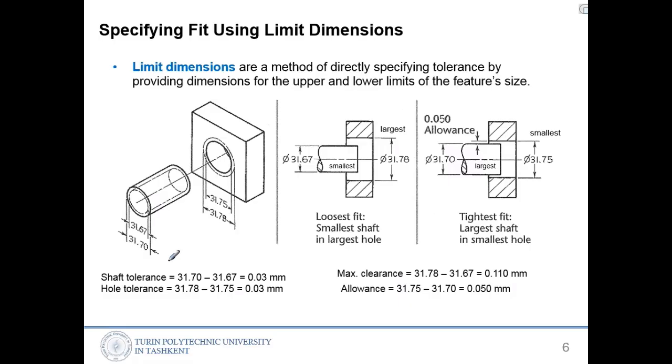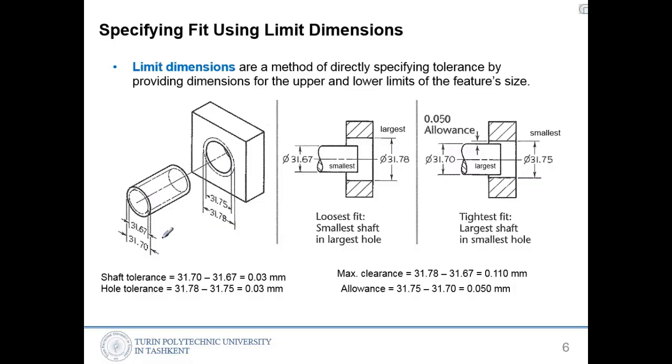So we are choosing the smallest hole, and we will calculate the difference of the smallest hole and biggest shaft, and smallest shaft and bigger hole. Okay, so the difference of this.